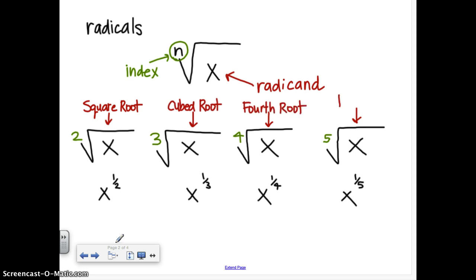And really, as we look at that with that fraction, that's that whole fantastic rational exponents thing that we started with. Every radical expression can be written as a rational exponent. Here's what I mean.